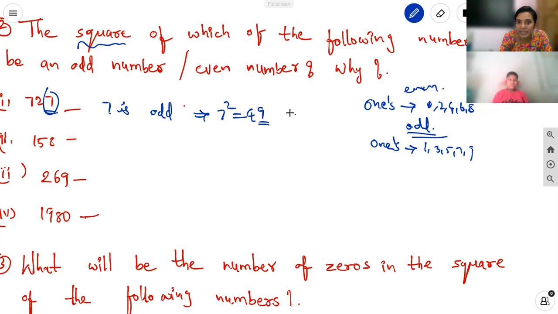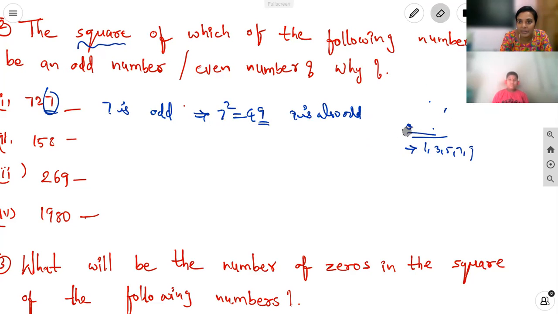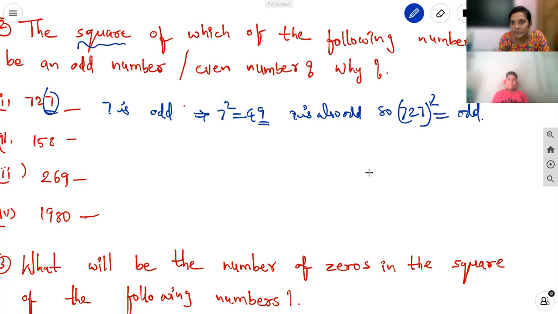The ones place 9 is also odd. So 727 whole square is an odd number.